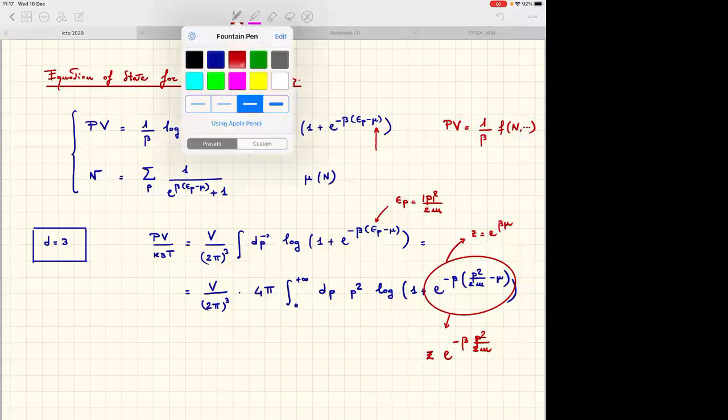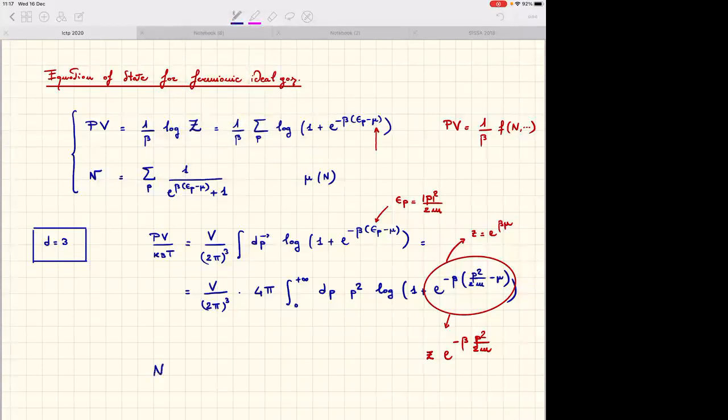And then of course I have a second equation for n, which is n equal to V over 2 pi cubed times the integral dp of 4 pi p squared times 1 over z inverse e to the beta p squared over 2m plus 1. So these are the two equations.